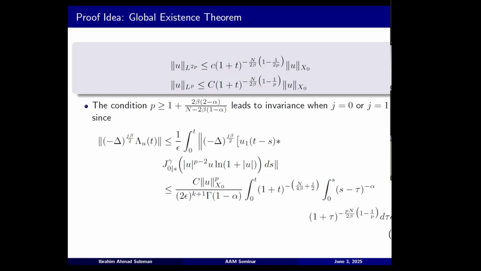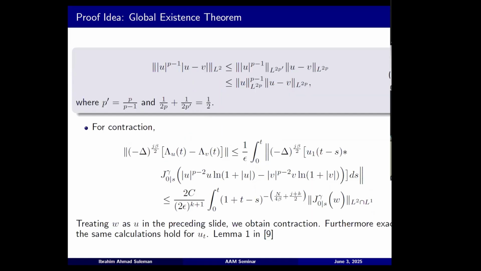But ln of 1 plus absolute value of u is less than or equal to absolute value of u. So you have p minus 1 and u inside. And then applying the L2 norm, you'll be left with the norm of u in LP inside and the norm of u in L2 plus p. So the term with (1 plus tau) raised to the power minus pn over 2 beta and the brackets 1 minus 1 over p comes directly from this interpolation inequality that we obtain for our space X0 with the spaces LP and L2p.